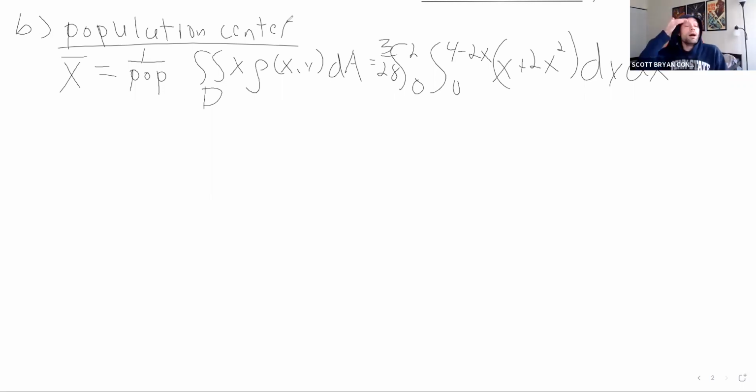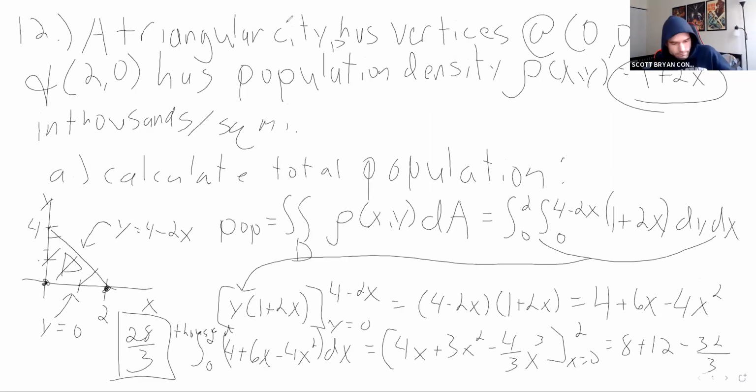And so I didn't show the integral for this, but get in the habit every time you're doing a double integral or triple integral, seeing if you can simplify before you evaluate the integral. So the first thing you should do when you look at a region, an integral, and you have sketched the region of integration, is think to yourself, is there any symmetry in this region of integration?